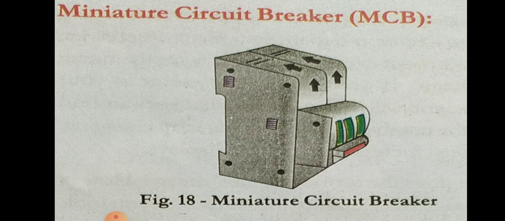You have to look for the ISI mark on these MCBs also. The disadvantage of this MCB is the cost is more than the fuse, and the cost of the fuse board of this MCB is also more than the normal fuse board.